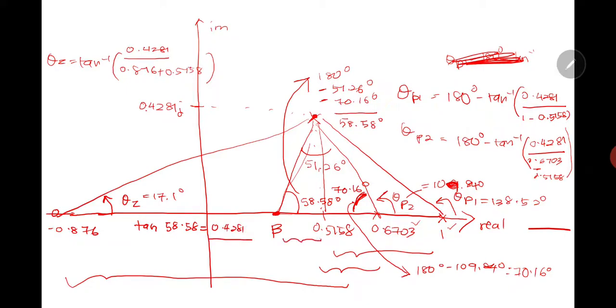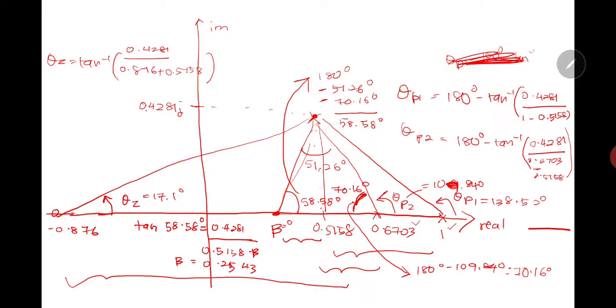This is the width. The width is 0.5158 minus beta. So you just rearrange this, and then by right, this is in degree, you should get beta equals to 0.2543.